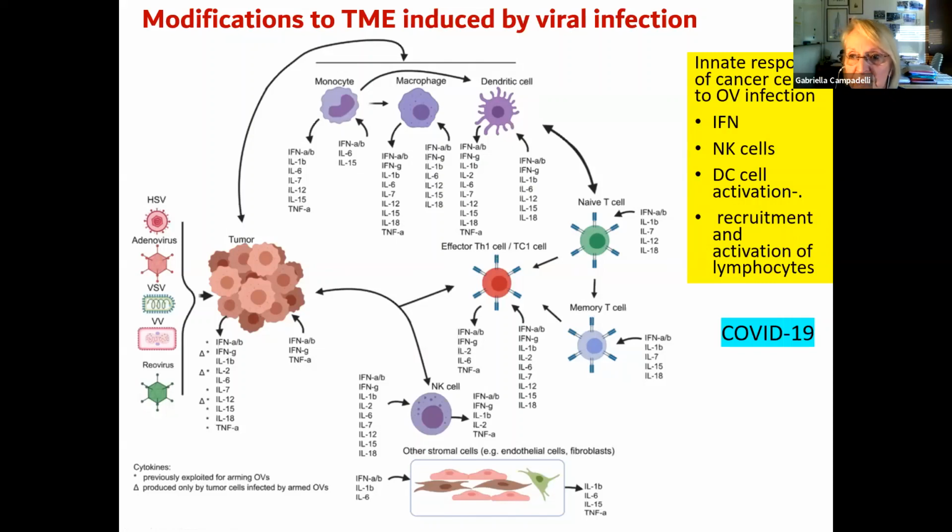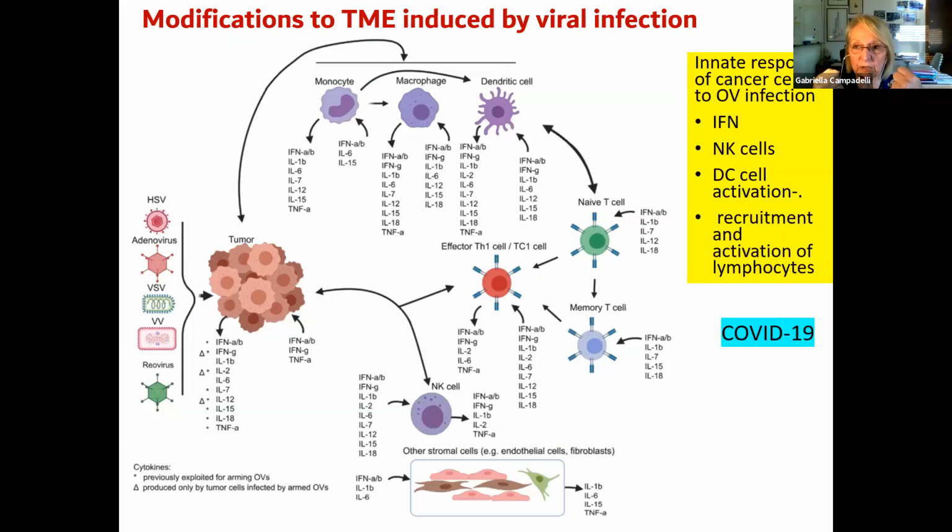I want to open a parenthesis here. This is the same thing that happens in COVID, because the cell has a defensive response to the virus. I think we all know that in the first days of coronavirus 2 infection, there is viral replication, and the individual can be asymptomatic or paucisymptomatic.